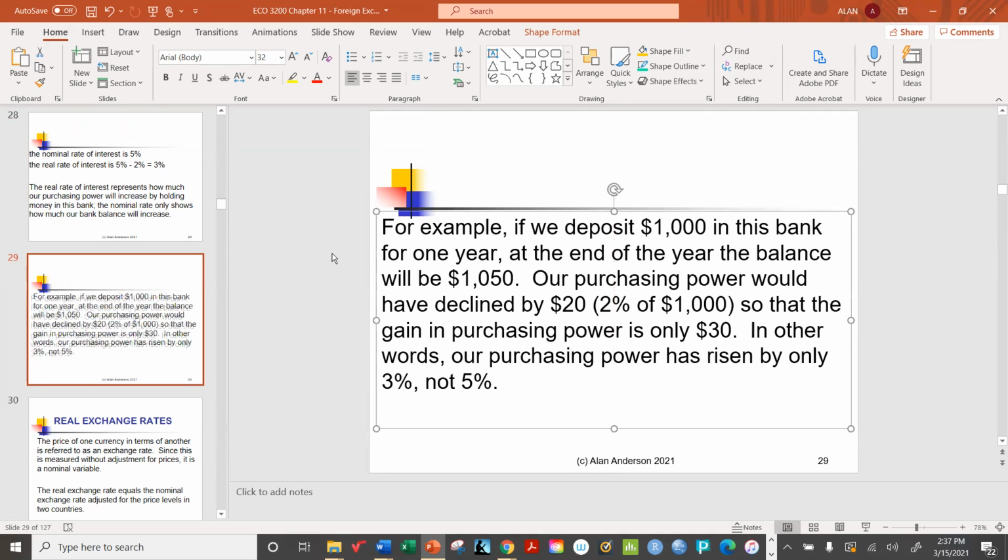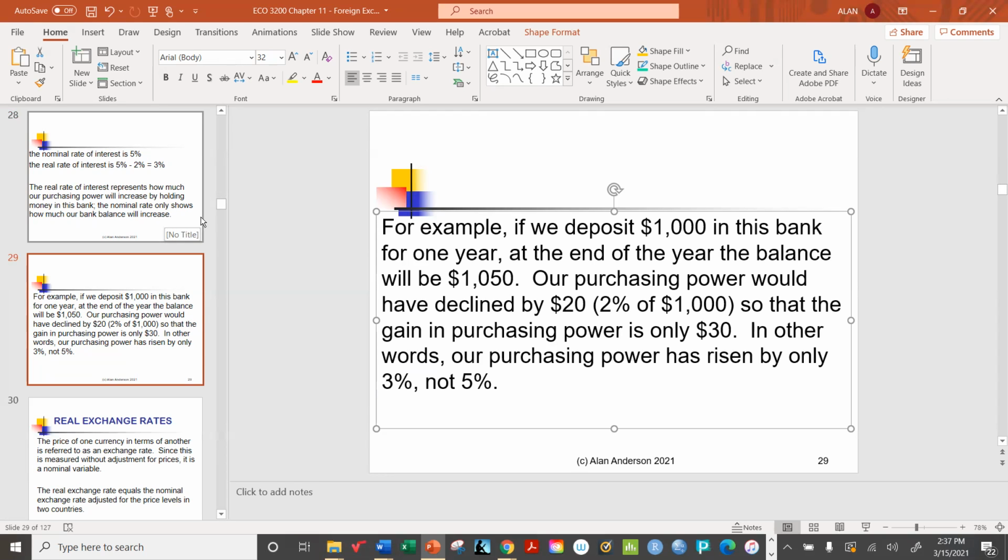Now we can apply this idea of real and nominal variables to a lot of different types of situations, like interest rates. We could also apply this to gross domestic product, for example. But it turns out we can also do this with exchange rates. Now, what's interesting about this is that when we adjust an exchange rate for inflation, we actually have to take into account the inflation rates in two different countries.